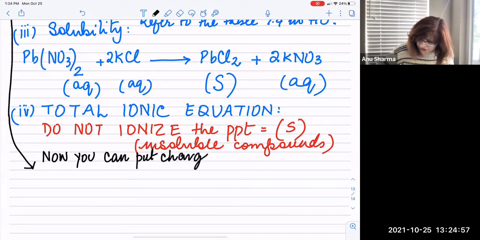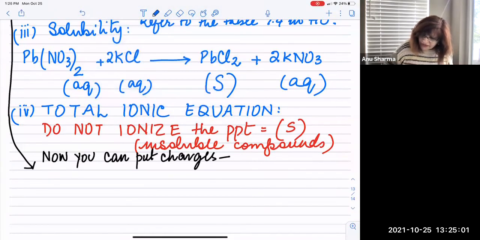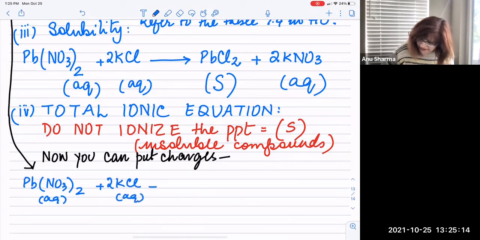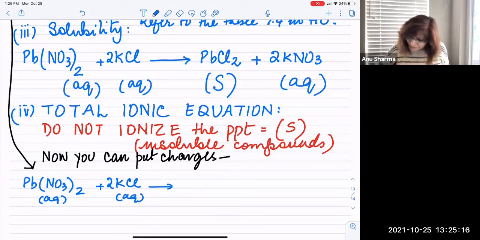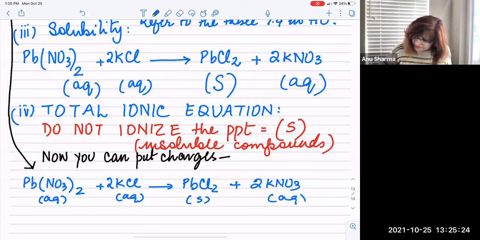Now you can put charges. Here we have, let me write this down, Pb(NO3)2 aqueous plus 2 KCl aqueous. This gives you PbCl2 solid plus 2 KNO3 aqueous.